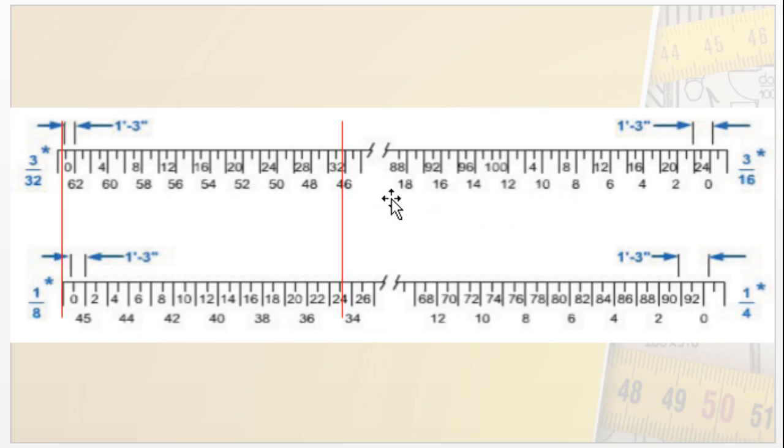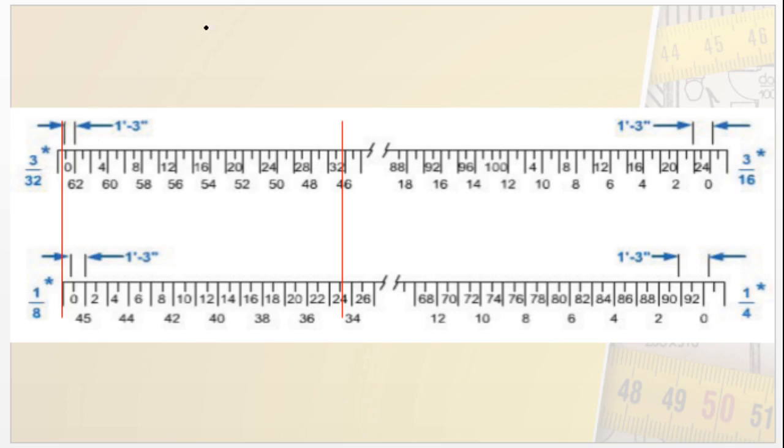So we cannot take the aspect ratio of this portion as it is broken there. We can take this ratio to compare with. So as you can see, the difference between 3/32 and 1/8 scale will be 0.75. How can we say?